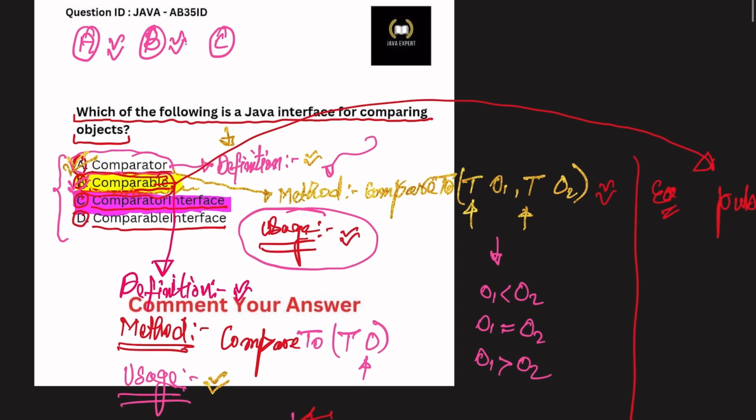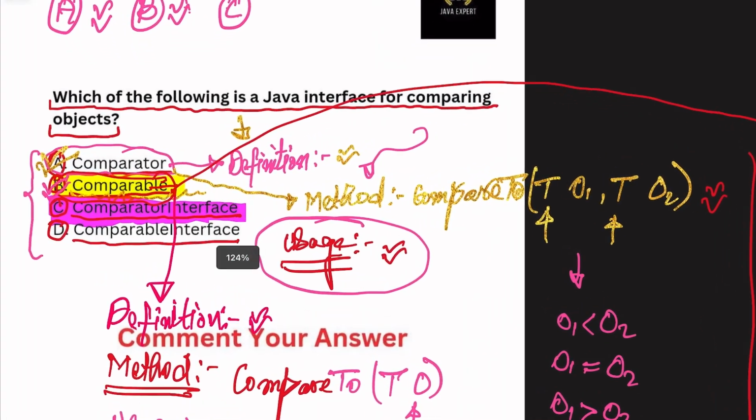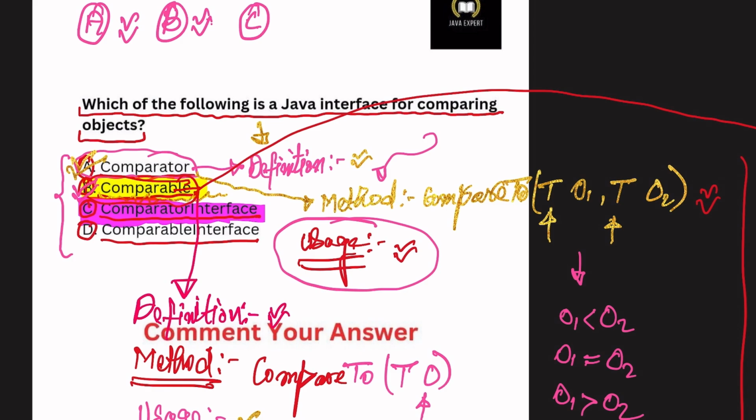For that just let me explain. There is no such interface named comparator interface in the Java standard library. It might sound like a valid name, but it doesn't exist in Java. The correct name is simply comparator, which is already an interface. So that is why C option is wrong.